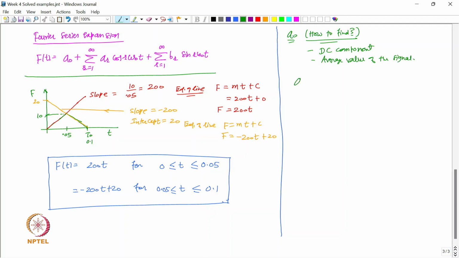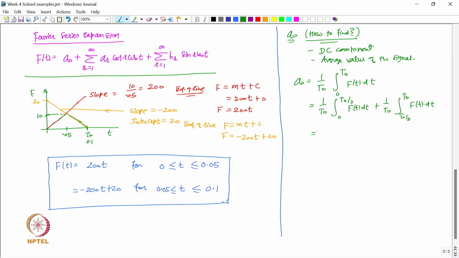And we learnt in the lecture classes that a naught is essentially equal to 1 upon t naught integration from 0 to t naught f of t into dt, which is nothing but the average value of the signal, right. So if you substitute f of t, we will have to break this integral into two parts, from 0 to t naught by 2, f of t into dt, plus t naught by 2 to t naught, f of t into dt, correct.